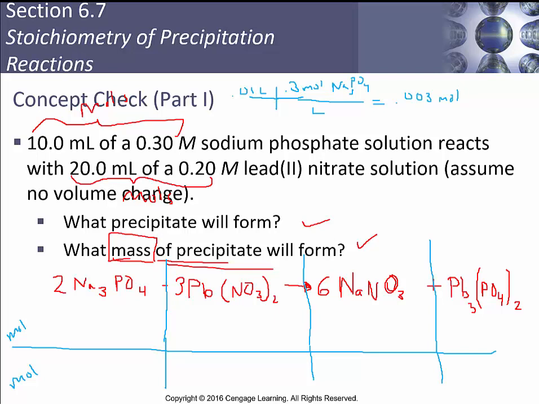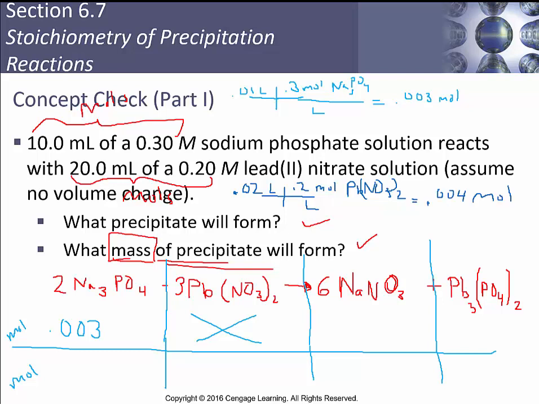I can put a big X underneath my lead nitrate because we're going to assume that's in excess. Then I figure out how many moles of my lead nitrate. I take my volume of lead nitrate times my concentration of lead nitrate, and I get 0.004 moles. I'm going to write that down underneath the lead nitrate, and I'm going to put a big X under the sodium phosphate because we're going to assume that's in excess.